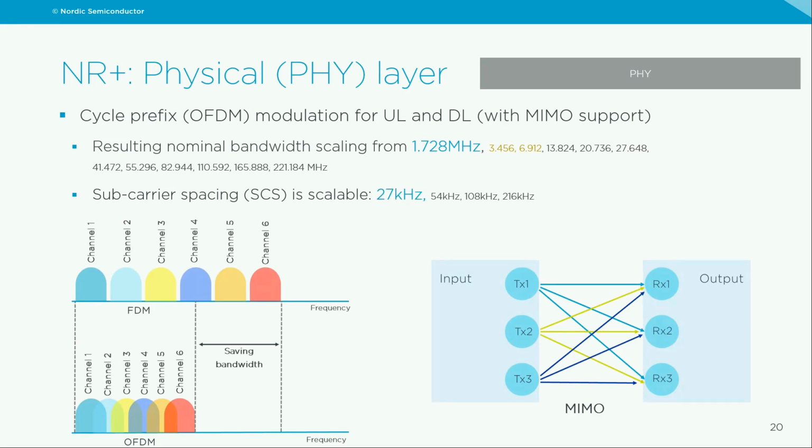And in the physical layer, we also have nominal bandwidth scaling from 1.728 megahertz up to 221.84 megahertz. And also you have subcarrier spacing, which is scalable from 27 kilohertz up to 216 kilohertz.